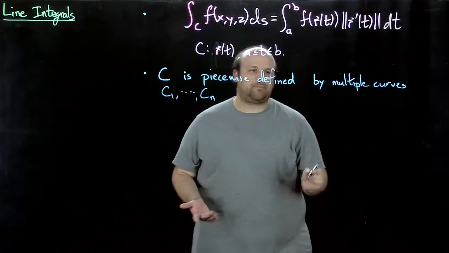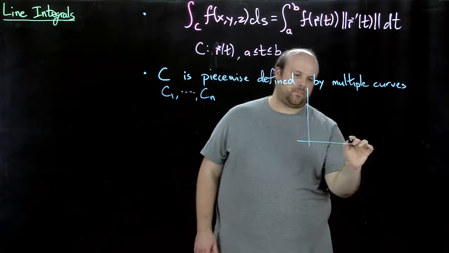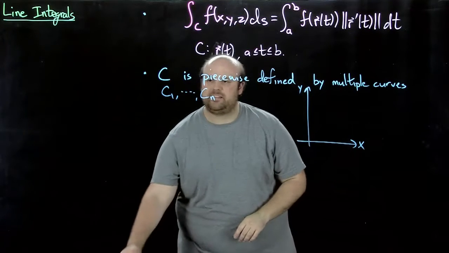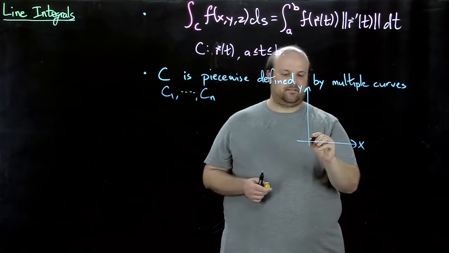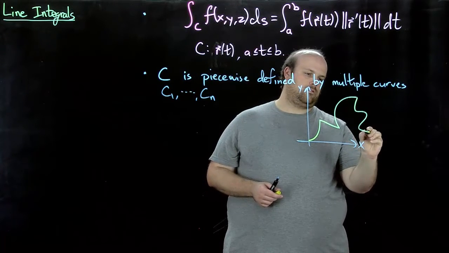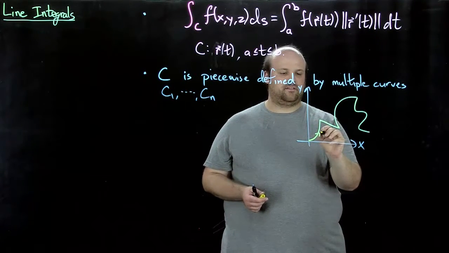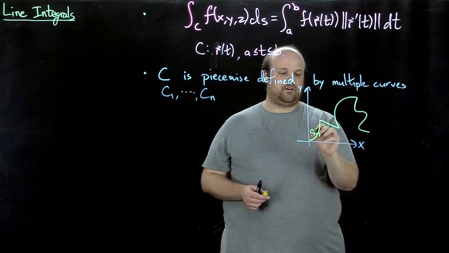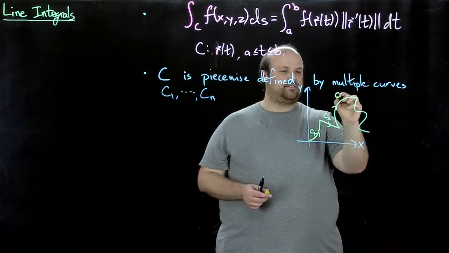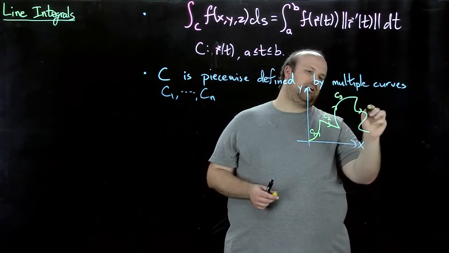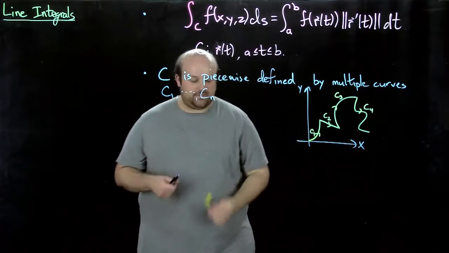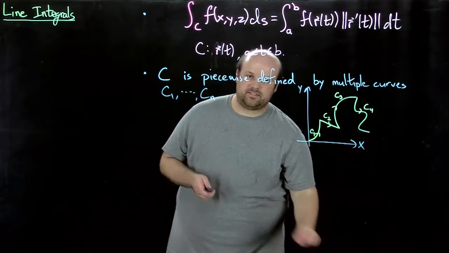So what do I mean by that? What I mean is maybe C looks something like this. Right? So you have this piece C1, this piece C2, this curved piece C3, and this wavy bit C4. Right? So maybe you have something like that for your C.